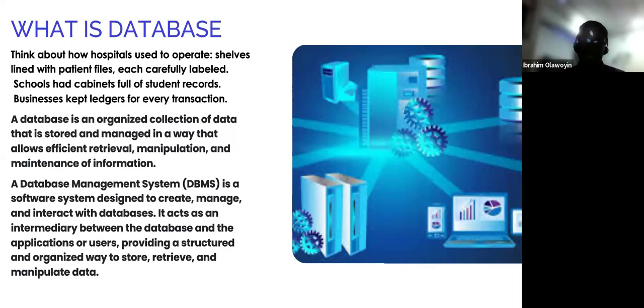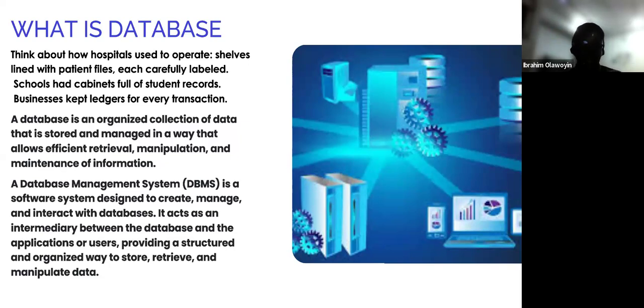Now, in our own interest, we want to be technical, moving away from hospitals, schools, and businesses that keep ledgers for every transaction. We want to relate it as an engineer, and as an engineer, our understanding would be different from others who are not in the field.